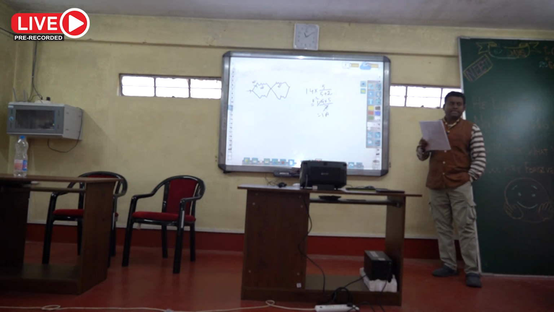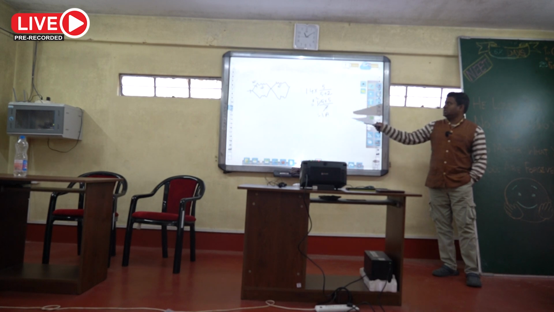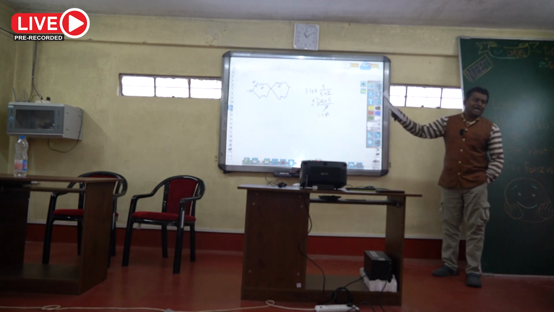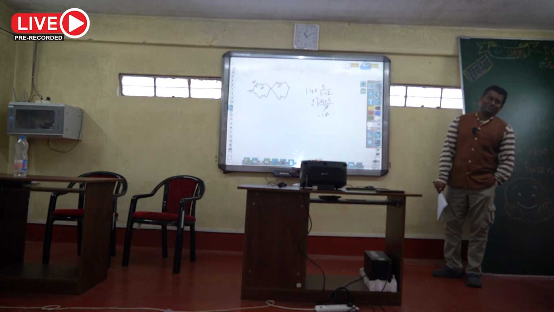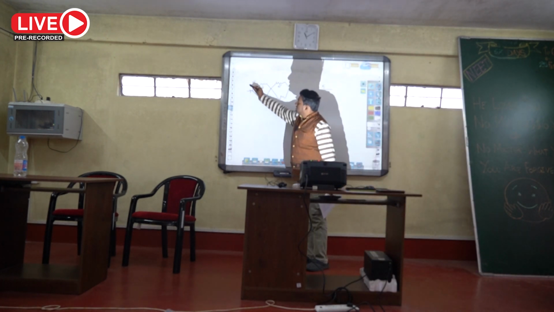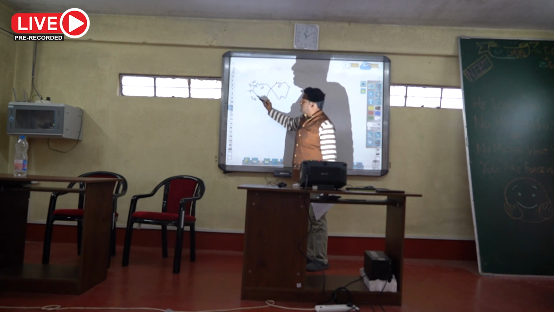Question number 28. If you can't find this, if it is difficult for you, then you have to solve by the long method, by taking I1, I2 and all these things. See what I am doing. This current is going here, I1, and suppose this current is going here, I2.